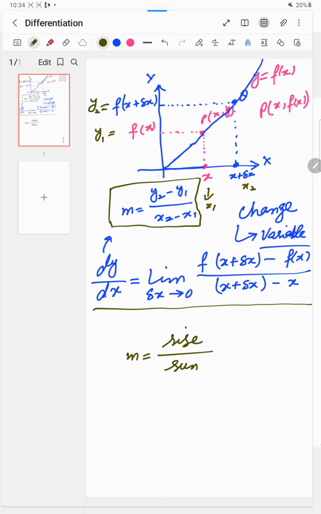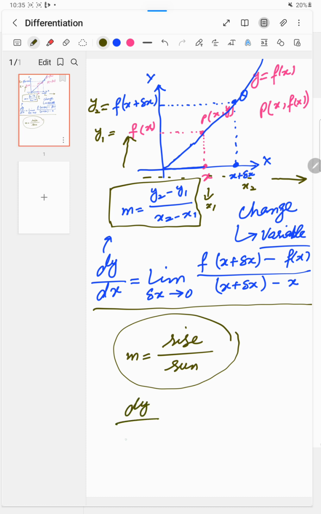You know run is along the x-axis, and rise is on the y-axis. That's why we write the definition of differentiation in this form. This is the mathematical form, and we write it as dy over dx equal to y prime. It is also a notation of differentiation.